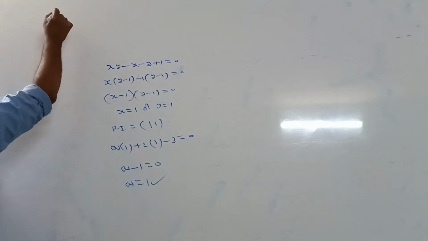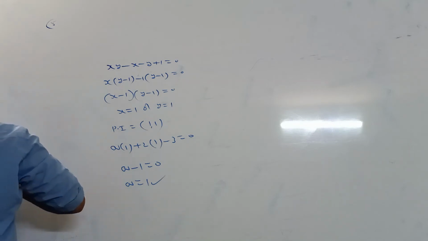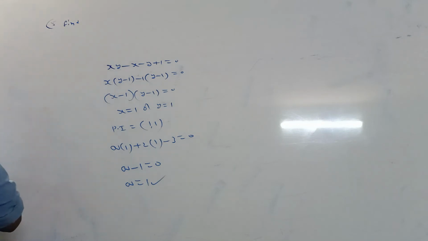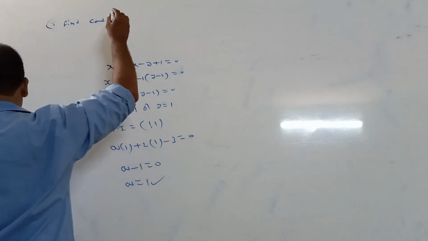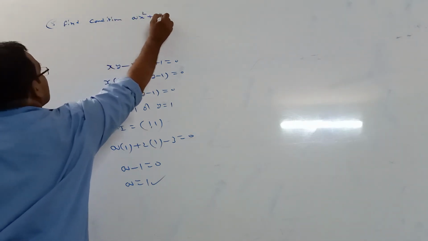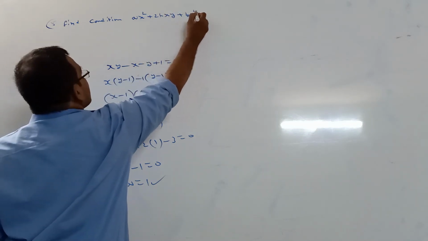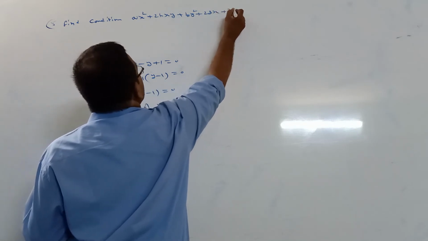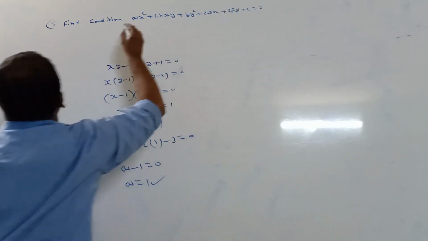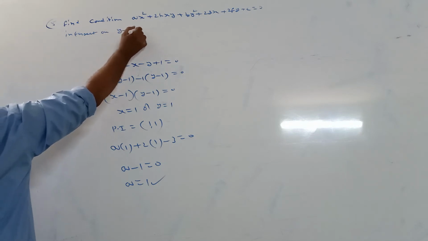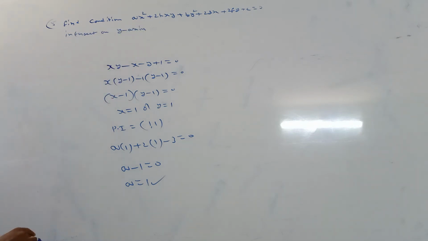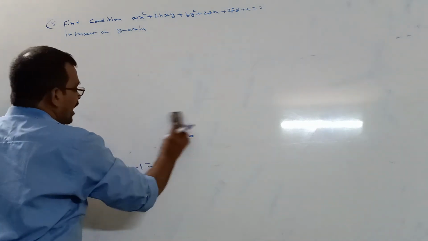Next. Find the condition if the pair of lines ax square plus 2hxy plus by square plus 2gx plus 2fy plus c equal to 0 intersect on the y-axis.